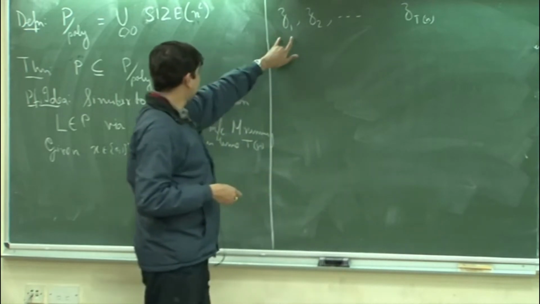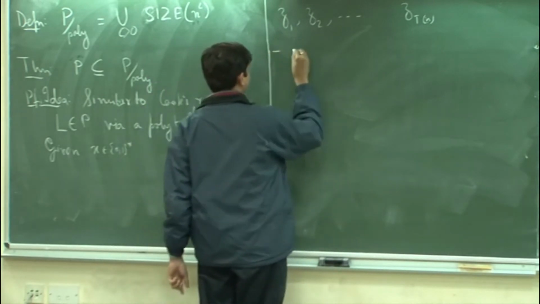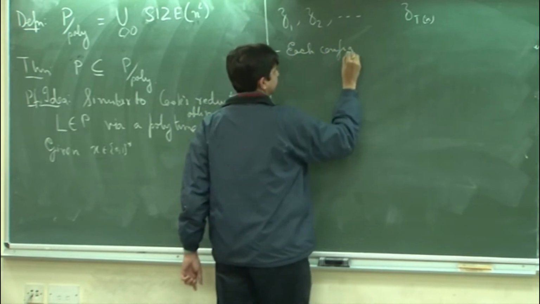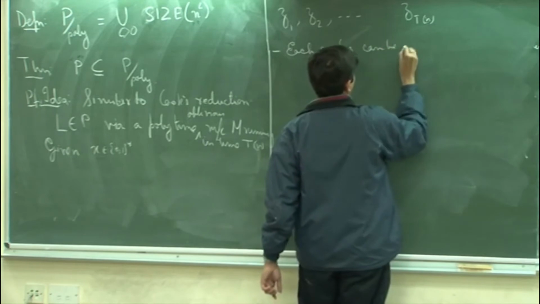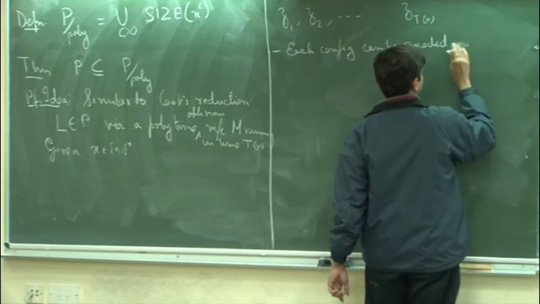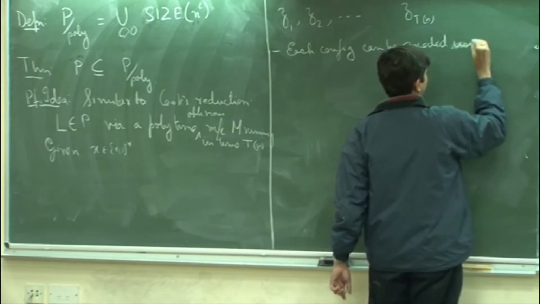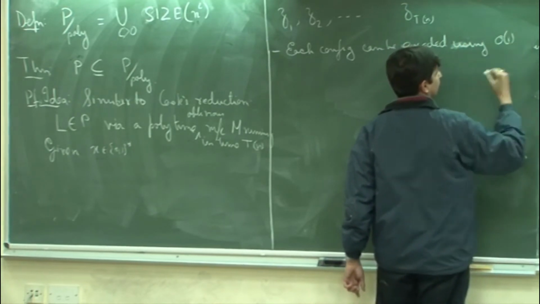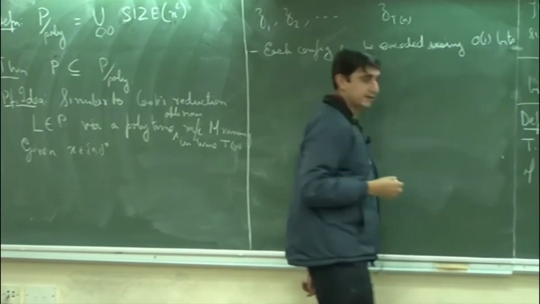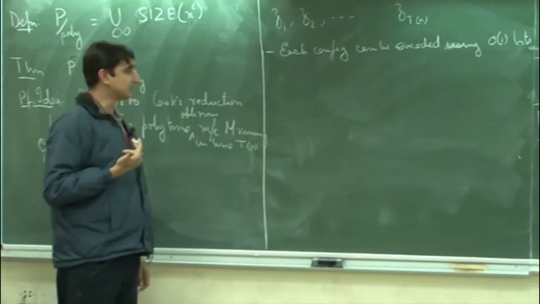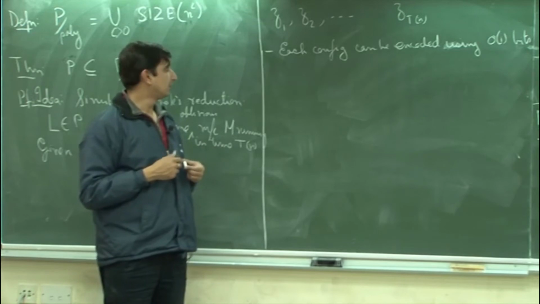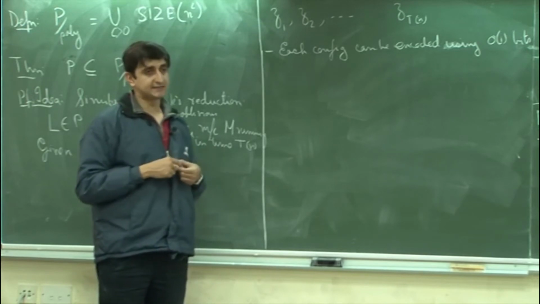Now note the following things about these configurations. Each configuration can be encoded using some constant number of bits, because what is a configuration? It is basically a state and the content of its various heads.